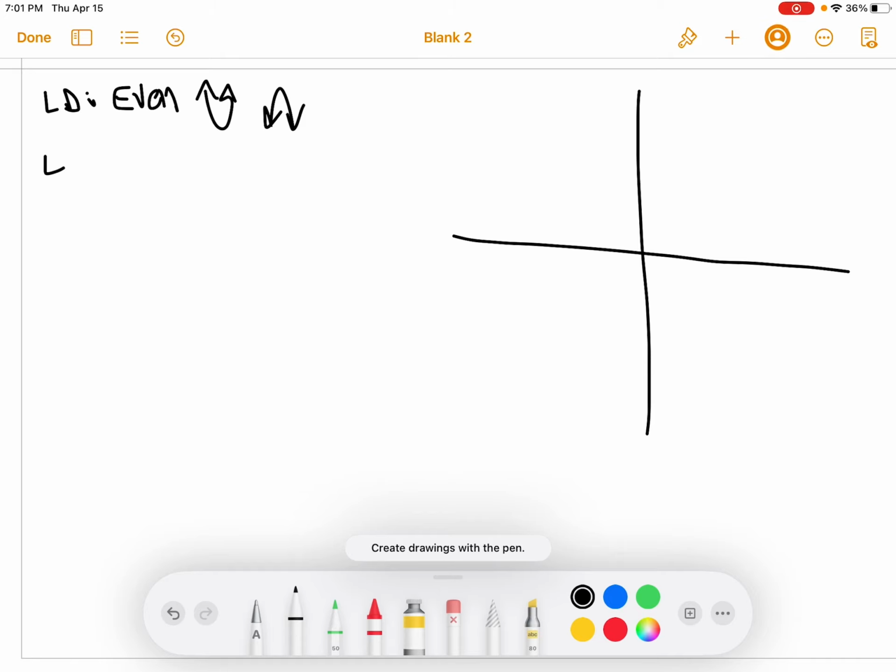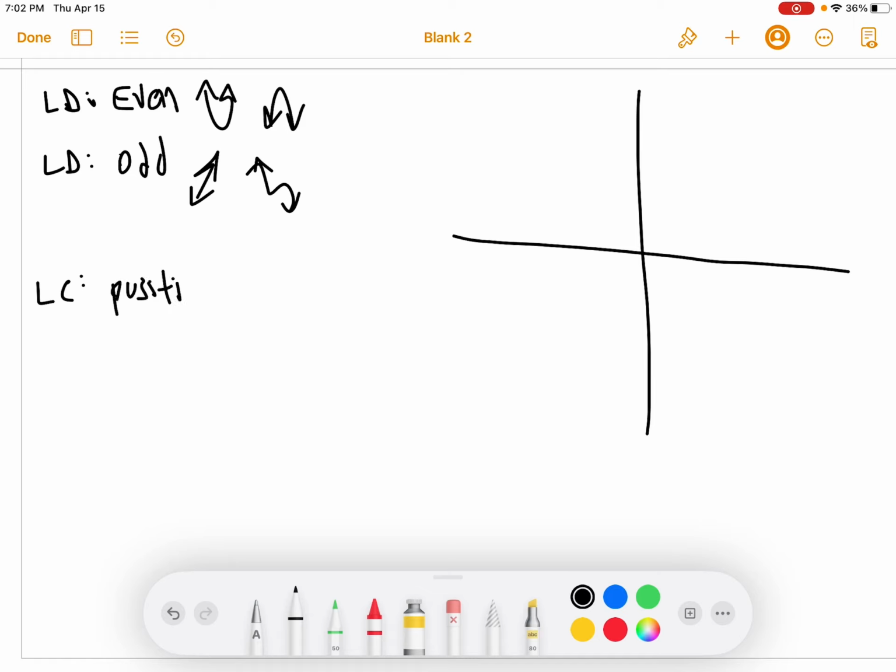If it's odd, then they point in different directions. So it could be like that, or like that, whatever the case may be. But you see how I drew 2 different things here. What tells you if it's going to point up or down is the sign of the leading coefficient. So leading coefficient, if it is positive, for even, it will be like this, and for odd, it would be like this, or this.